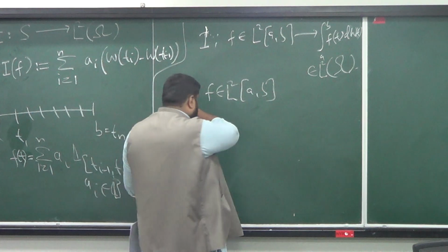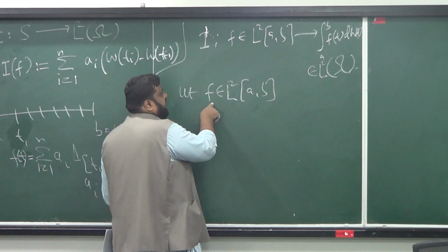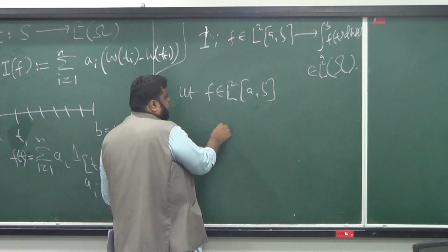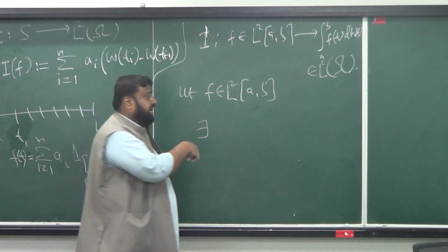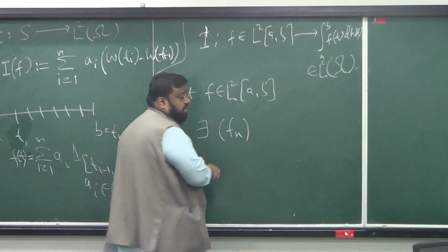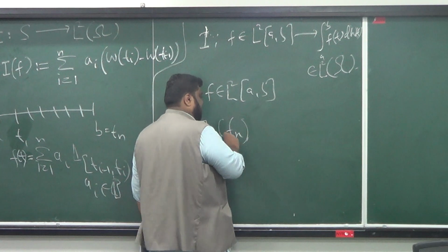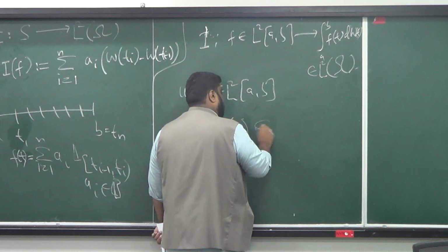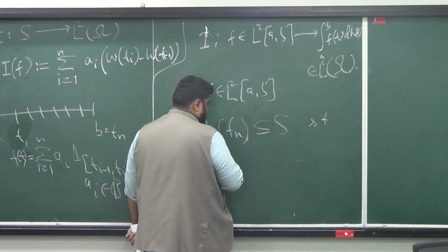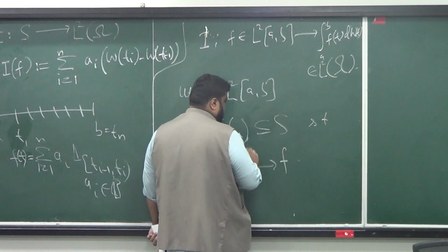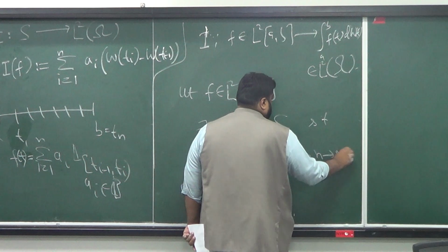So what we can do is, for this function f, since S, the space of step functions, is dense in L2[a,b], I can find a sequence of step functions in S such that this sequence approximates f in the L2[a,b] sense as n gets bigger.